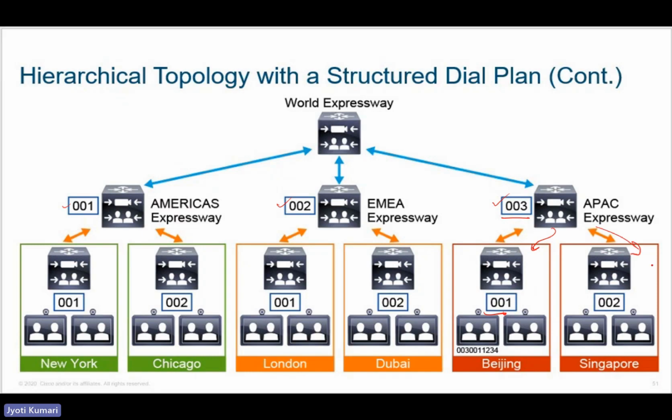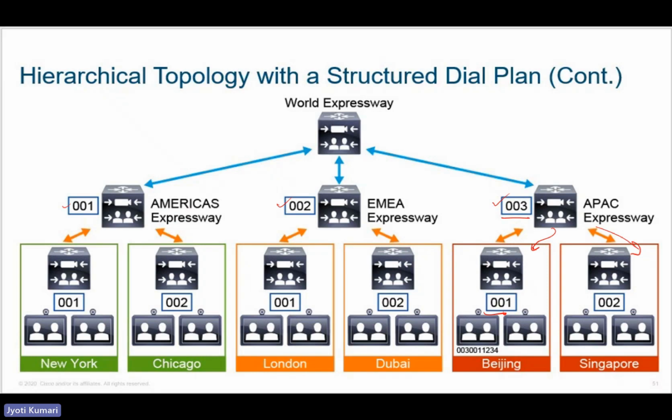So with the use of these prefix codes and with the help of optimal routing, it can make a better and structured dial plan. By structuring the dial plan in this way, a user in New York, for example, who calls his colleague in Beijing dials the number 003, 001, and then the extension.